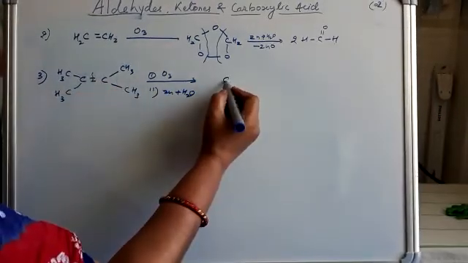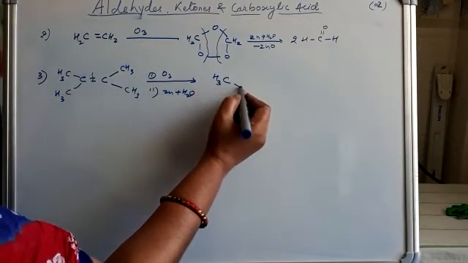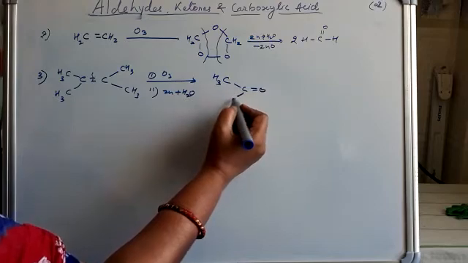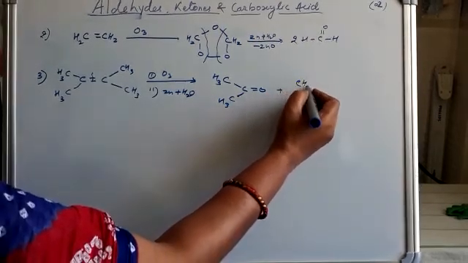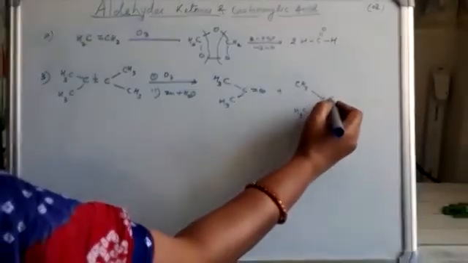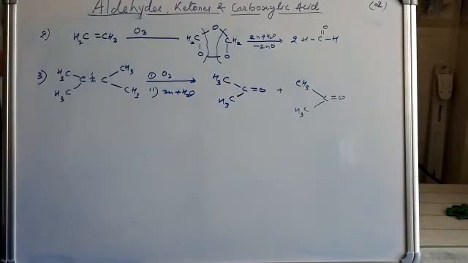Formation of CH3, C double bond O, CH3, that is acetone. Two molecules of acetone are formed.